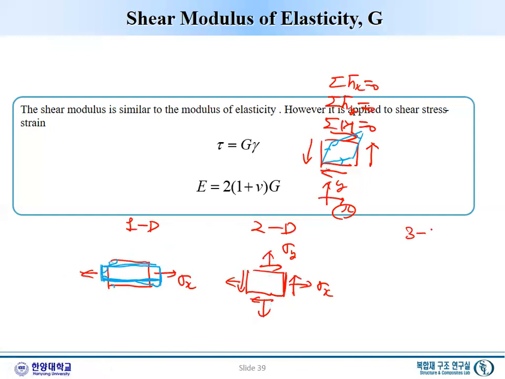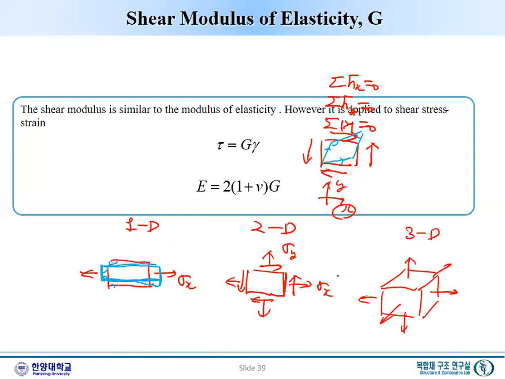Now, let's extend to 3D stress. In 3D, we have a brick body. Considering it as 1D, we have this, and this, and this. They are all tension, tension, tension, right?